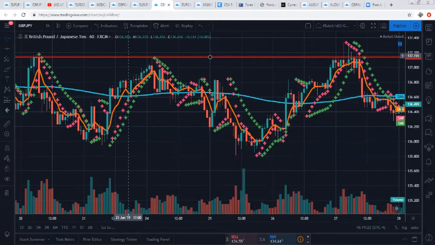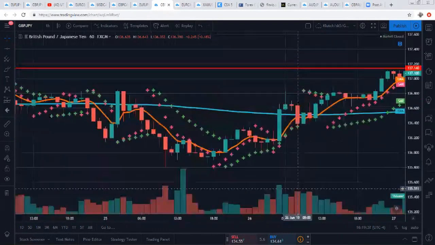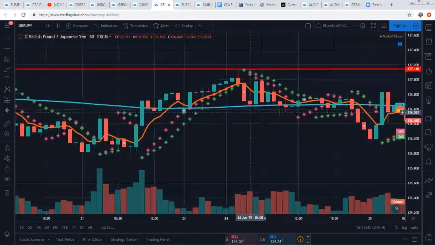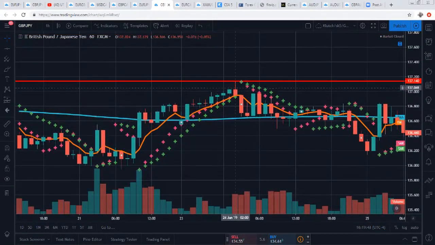So the next time it comes back and hits this red line where I drew it, it should ultimately drop. Let me zoom in right here. Did that hit the line? Right there, it looks like it hit the line. Then it dropped, then it continued to drop.